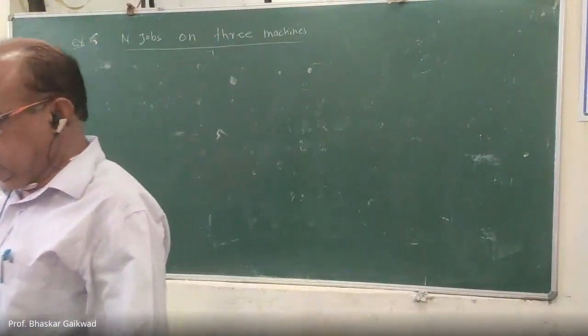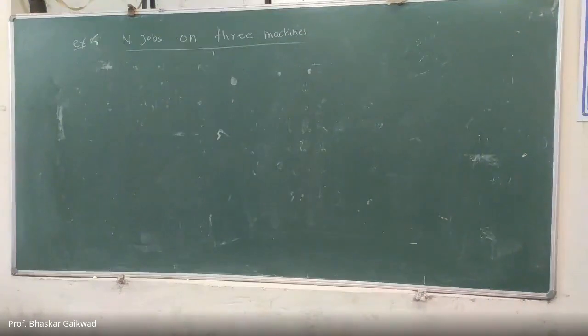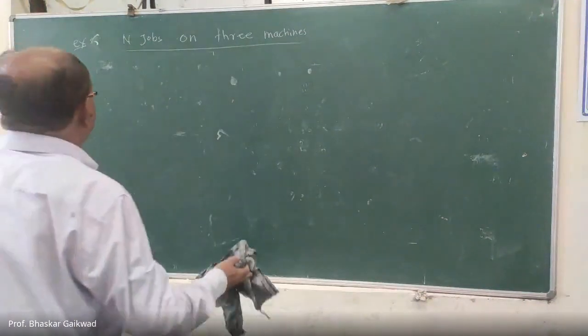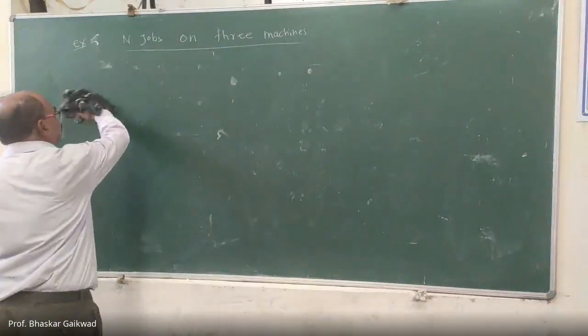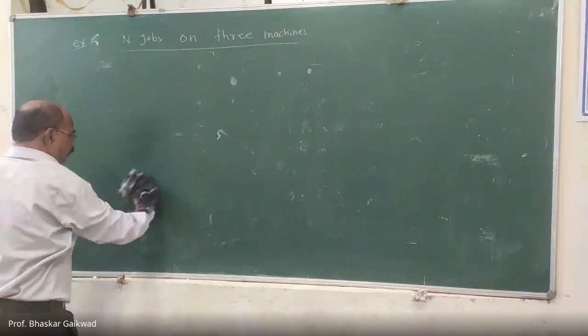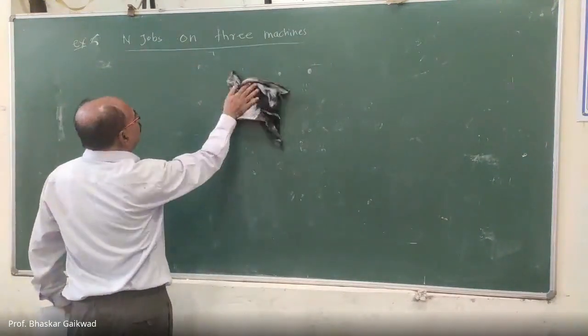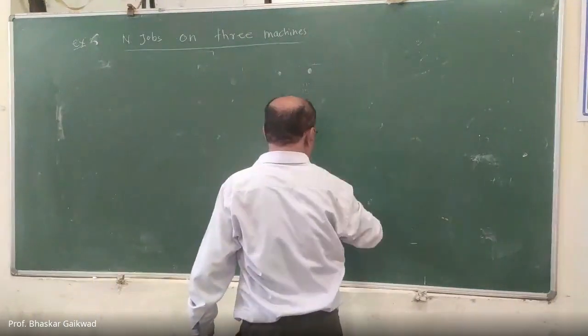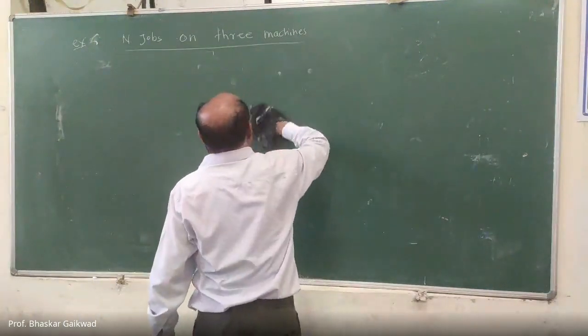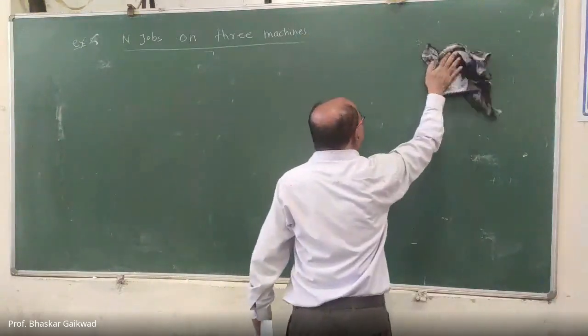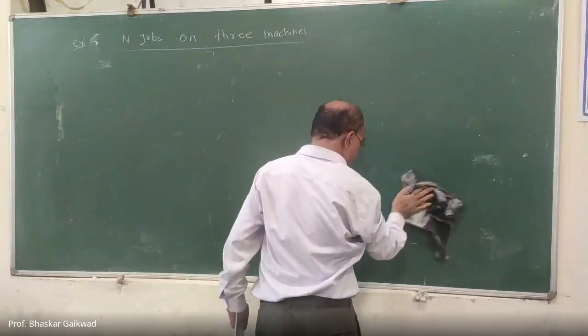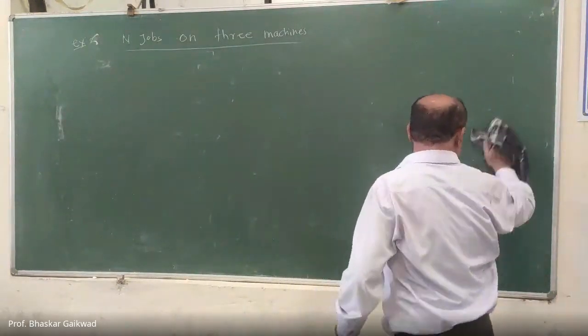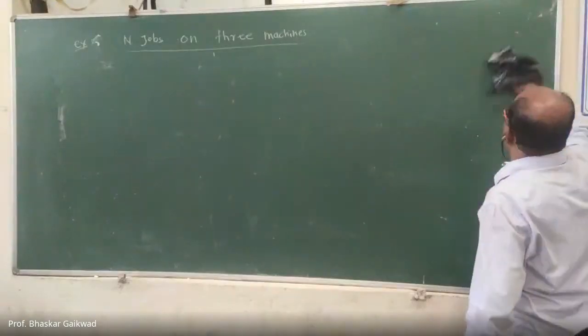Tomorrow we're going to start line balancing. So now in sequencing, only number of jobs on two machines and number of jobs on three machines are there. Number of jobs on M machines will not be there in your GATE exam.